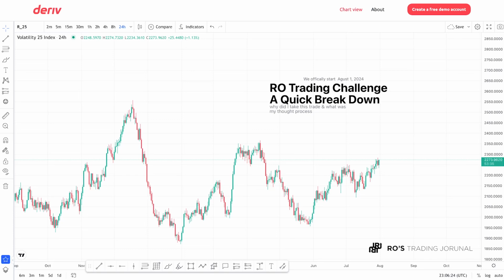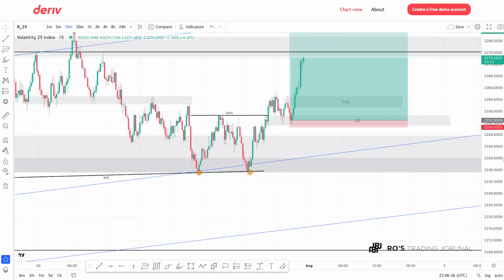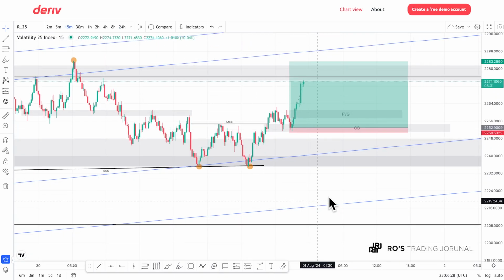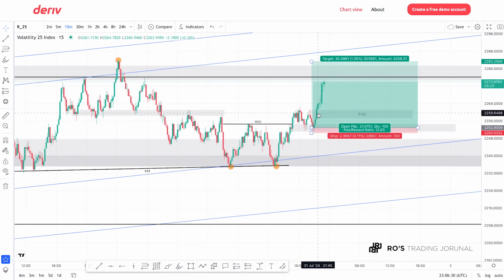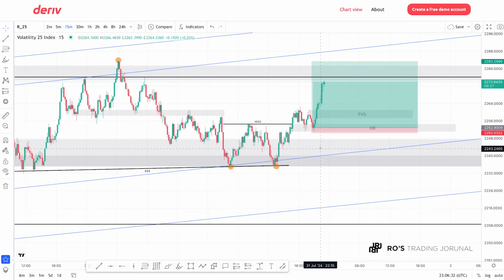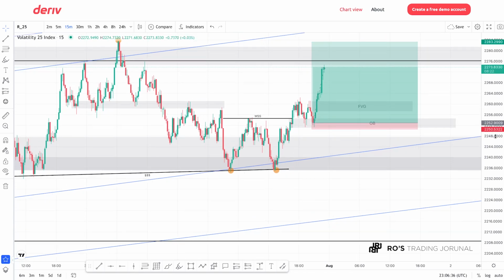For those of you who are following me on this trading journey, you would have seen that I took the trade at this point here, and my first TP would have been the swing highs here.